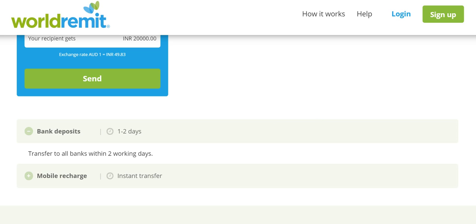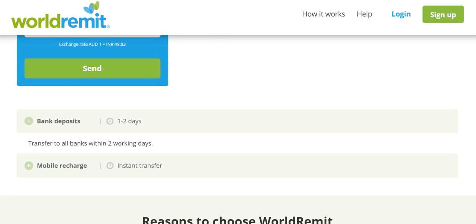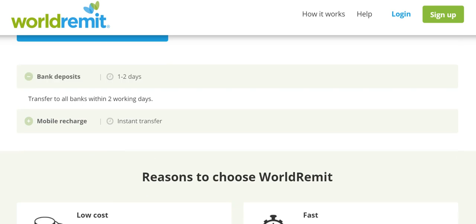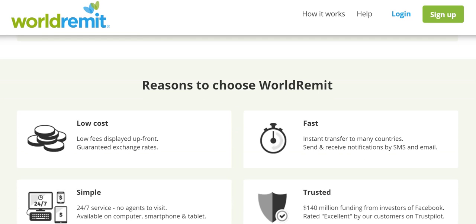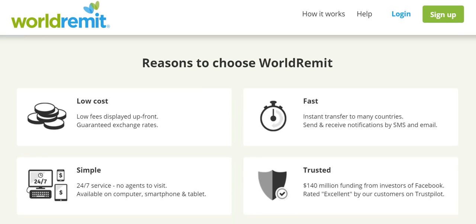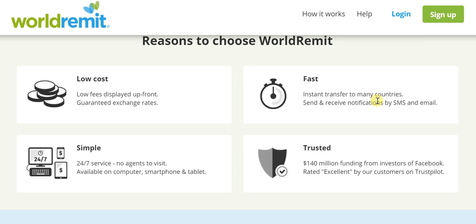It really doesn't matter which bank in question, State Bank of Hyderabad, or just about anyone you can think of. Money will still get to the recipient's account super fast. And yes, throughout the process, there are constant notifications being sent out both by SMS as well as email. And yes, it is very, very simple.